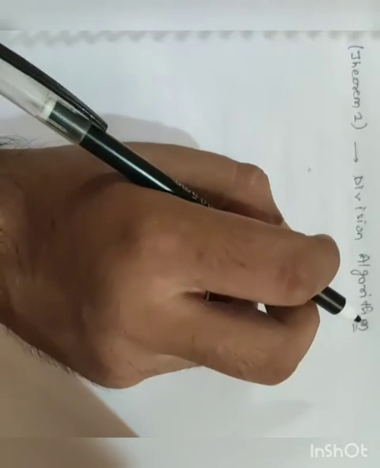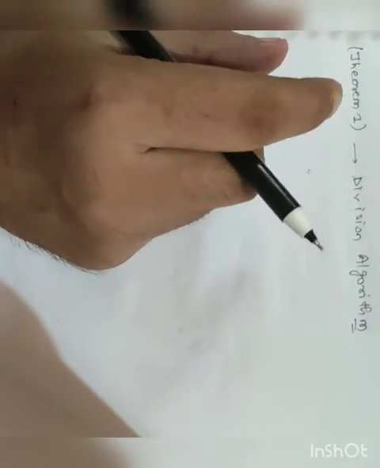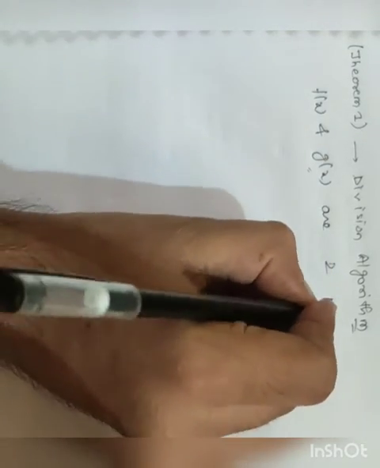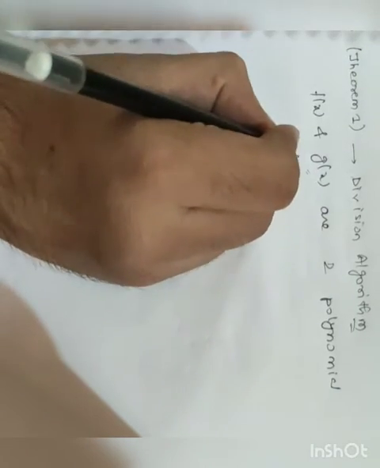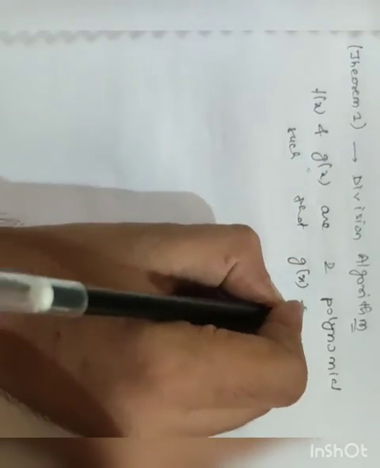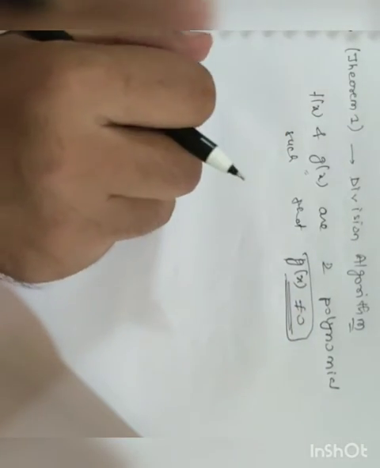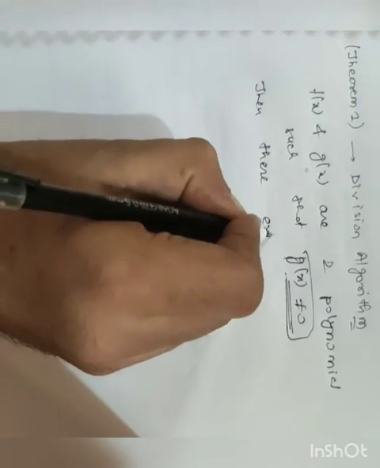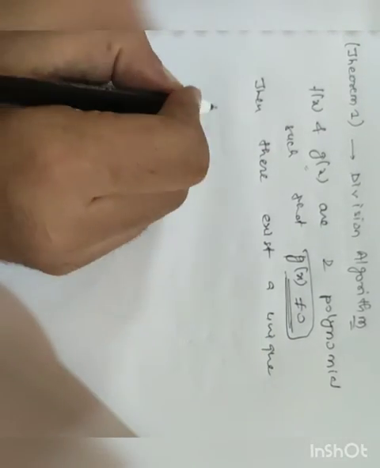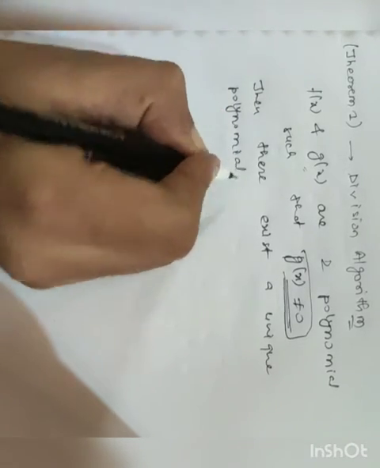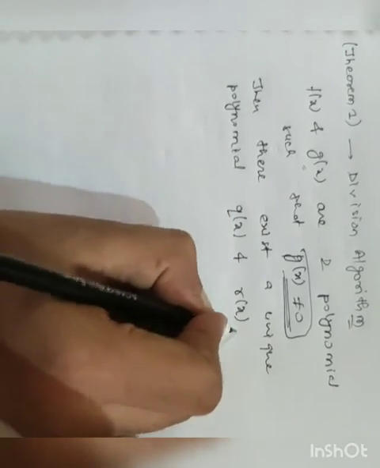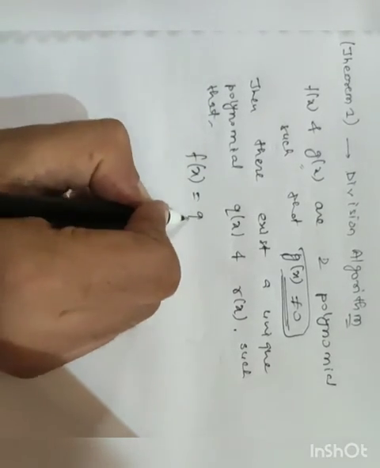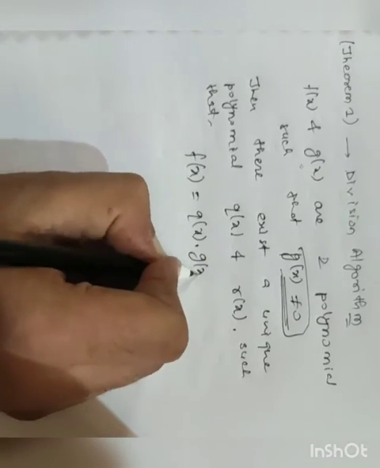According to the division algorithm, if f(x) and g(x) are two polynomials such that g(x) is not equal to zero, meaning g(x) is not a zero polynomial, then there exists a unique pair of polynomials q(x) and r(x) such that f(x) can be represented in the form of q(x) times g(x) plus r(x).